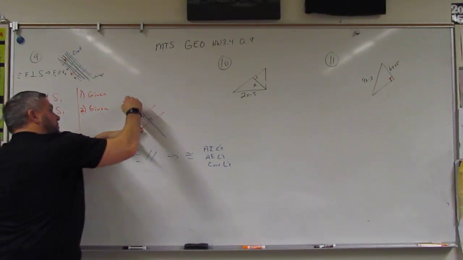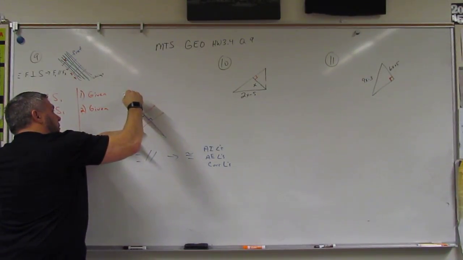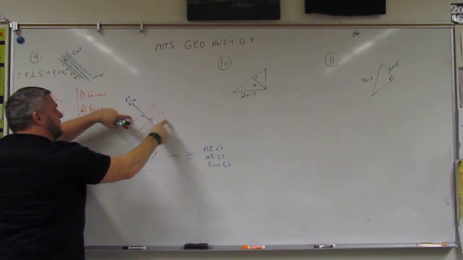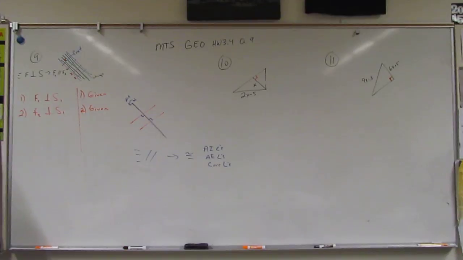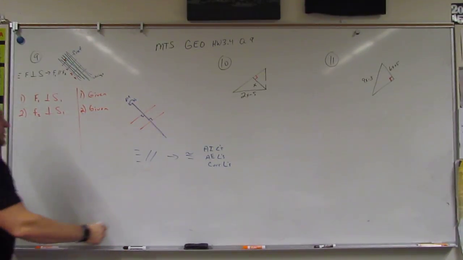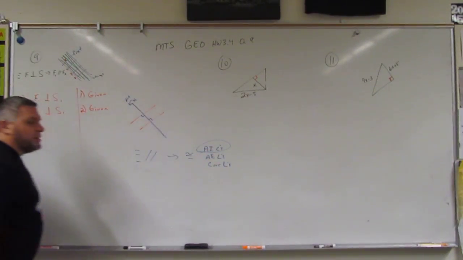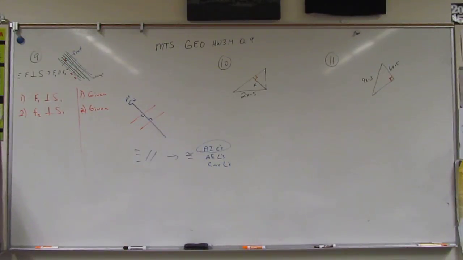We know that they're alternating, right? Are these interior or are they exterior? Or are they both? Interior. Okay? So I chose alternate interior angles. You didn't have to choose that. I just chose it. So there's a lot of ways to do this problem.